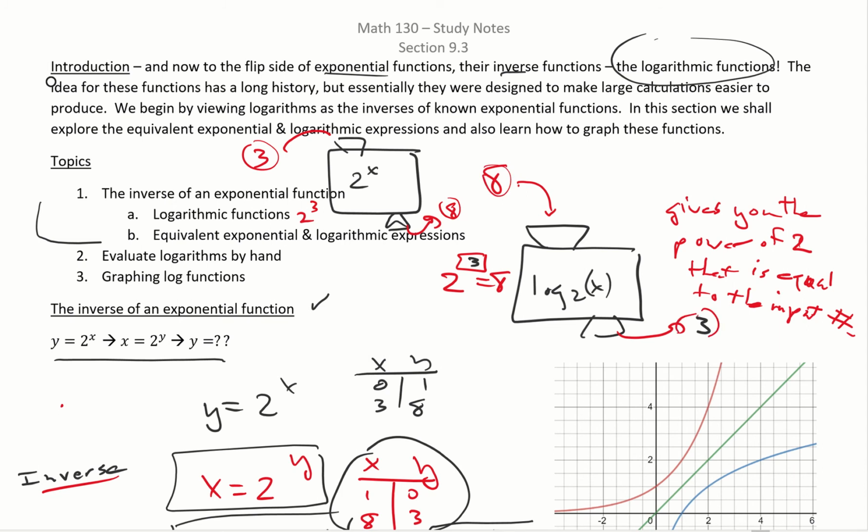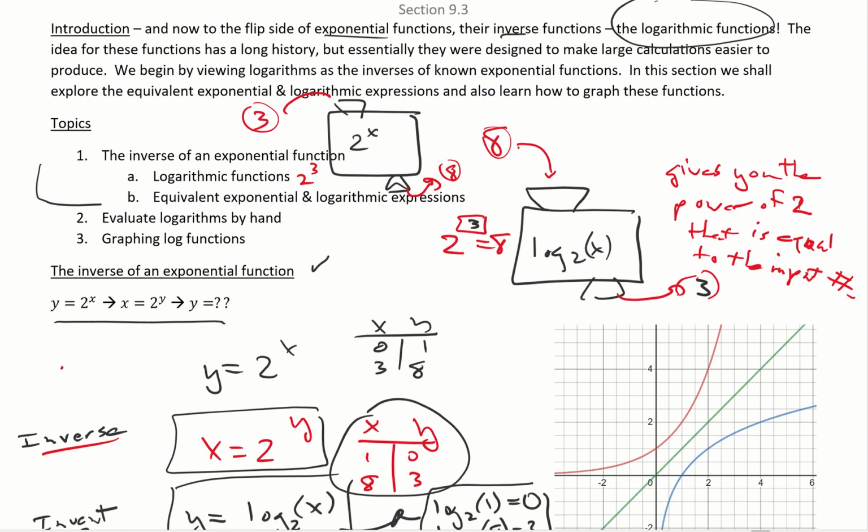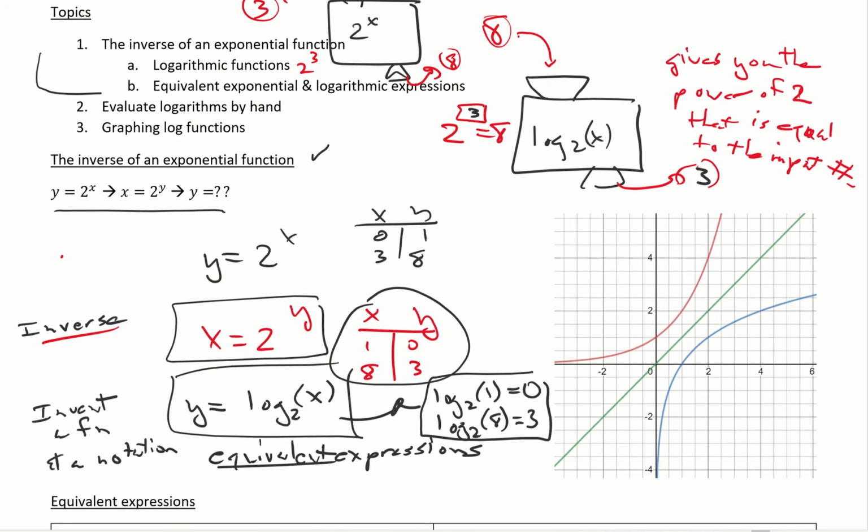They reverse each other. These are inverse functions. Pretty weird, huh? As inverse functions, what I did on Desmos here is I graphed y is equal to 2 to the x in red, and in blue I graphed y is equal to log base 2 of x.